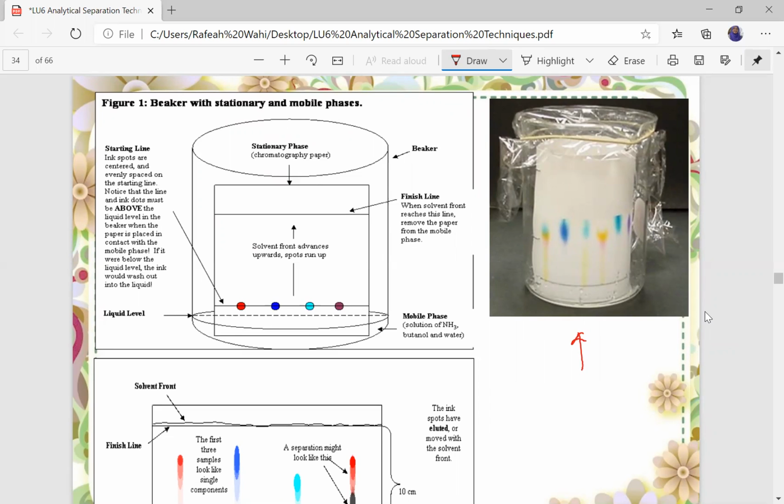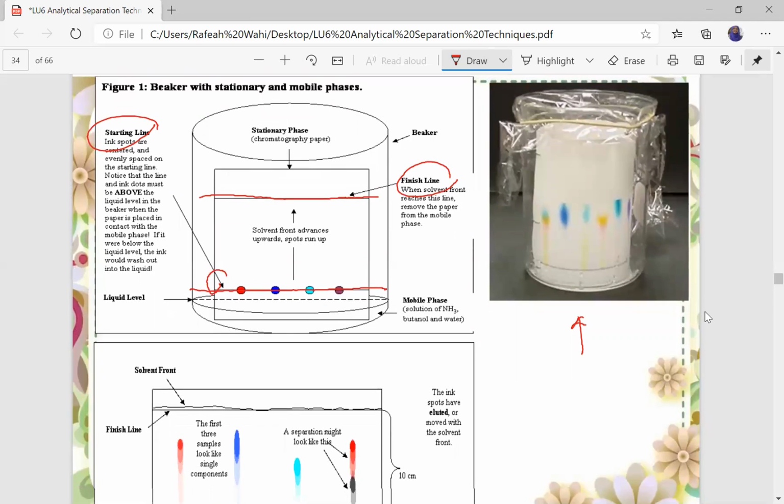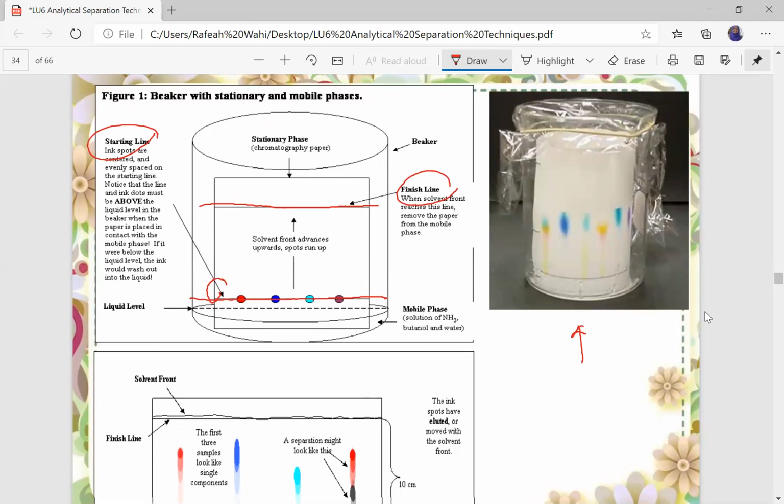You label the starting line, and you label the finish line, and then you set up a beaker with a lid for closing the beaker, to avoid your mobile phase from evaporating. So this is the system for a paper chromatography.